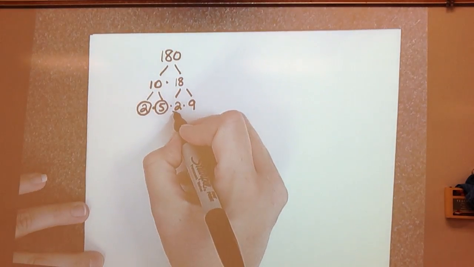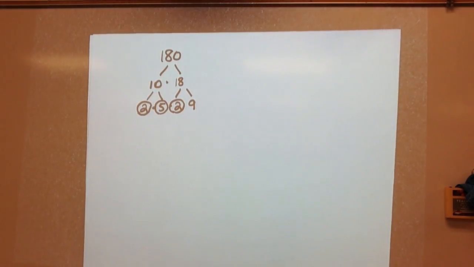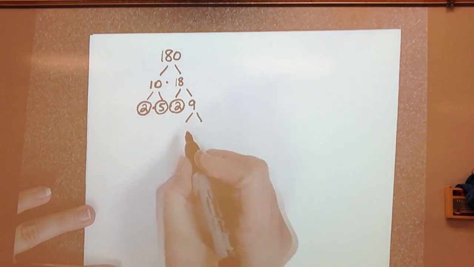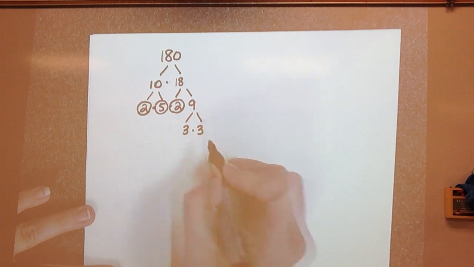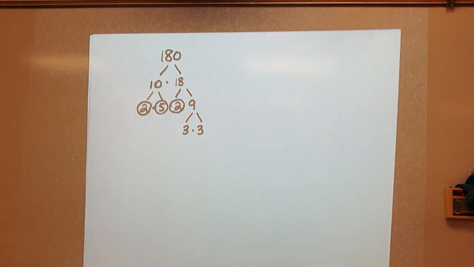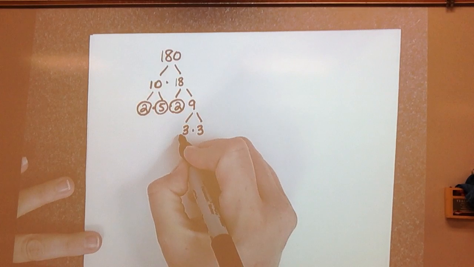We've already determined that 2 is prime. So I'm going to circle that. Let's look at 9. 9 times 1, 3 times 3. It's not prime. So I've got to factor that down again. 3. 3 times 1. Nothing else will go into it, so it is prime.